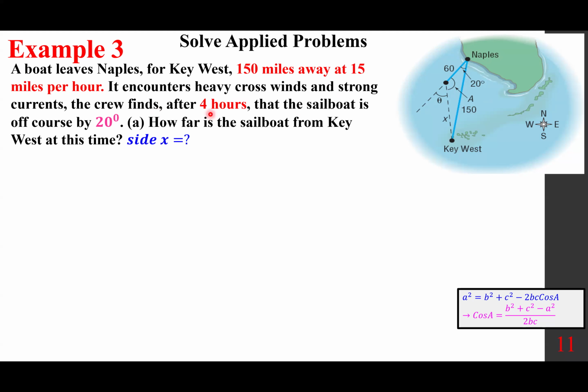The crew finds after 4 hours, 4 times 15, 60 miles, that the sailboat is off course by 20 degrees. How far is the sailboat from the Key West at this point?